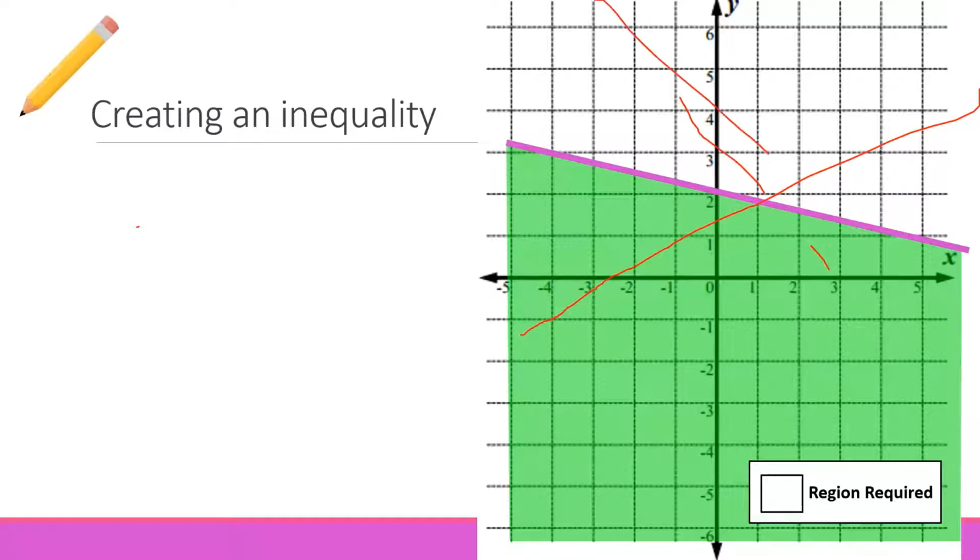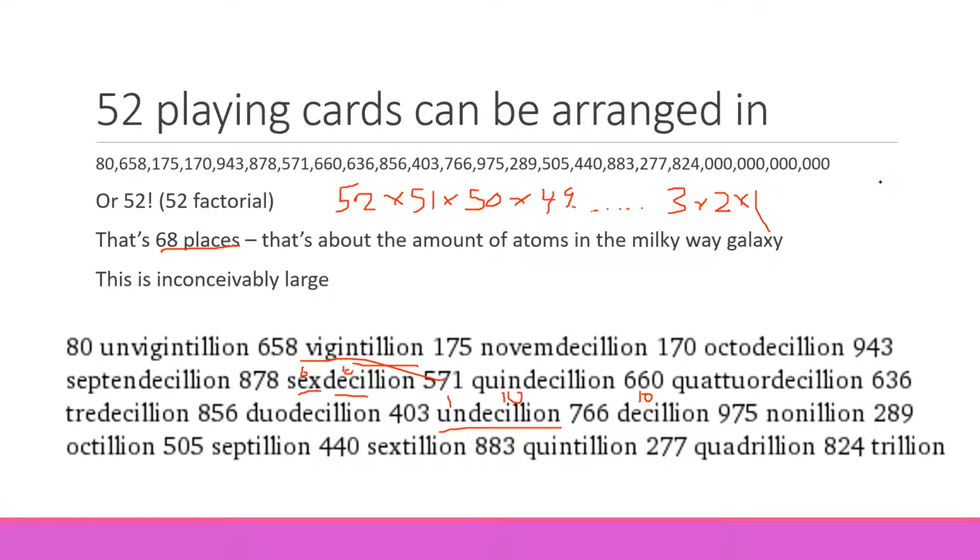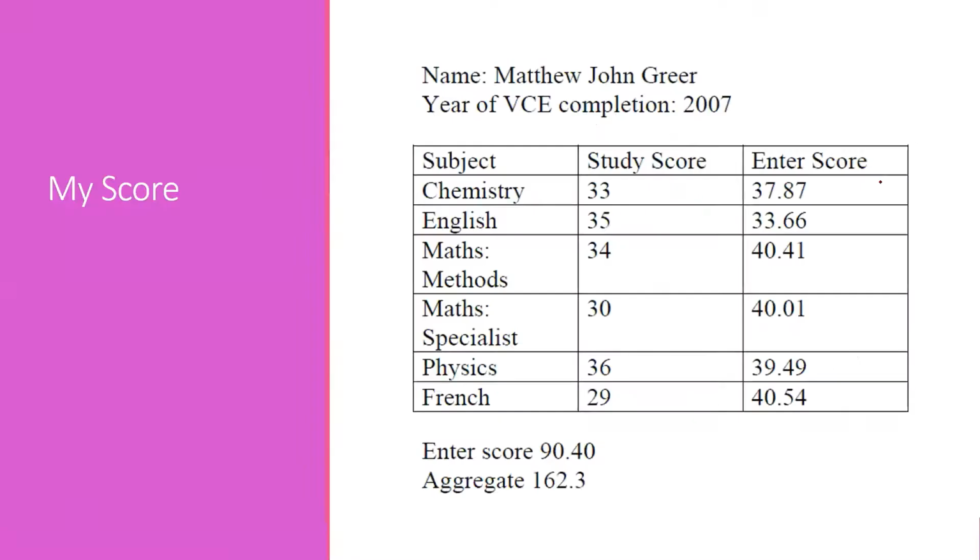This doesn't get included, this gets shaded in. Then we end up with a weird shape here in the middle, and we call that the feasible region. We're going to do some maths on that, and I'm going to show you how to create them and so on.